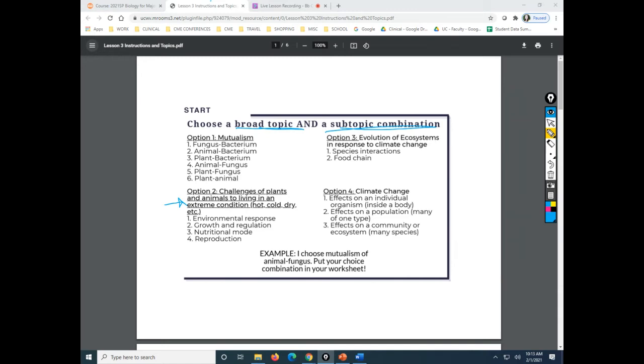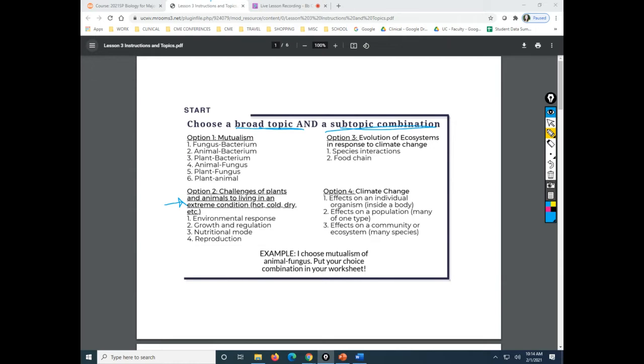The food chain one is more common. So I might think about how wolves that are eating the elk respond to a shifting climate. And then we see option 4, which is kind of the more simplified number 3. How does climate change affect something?